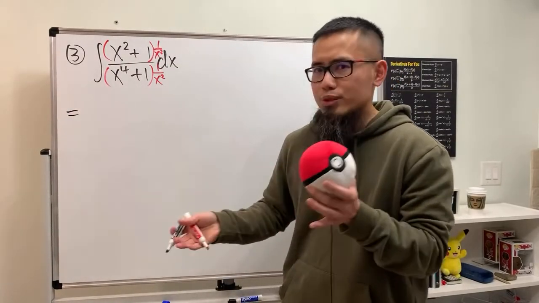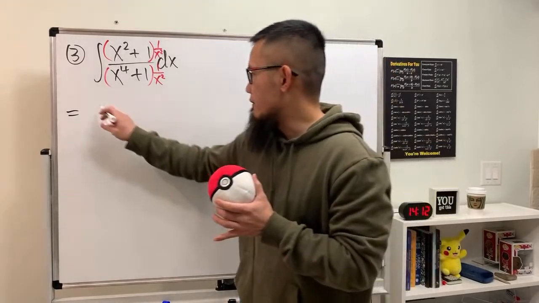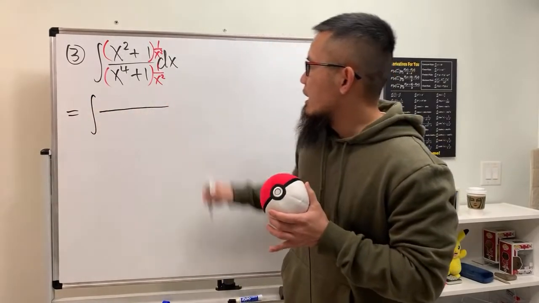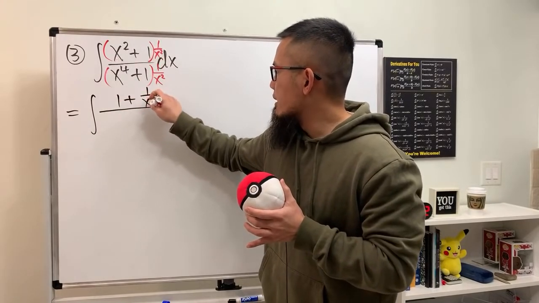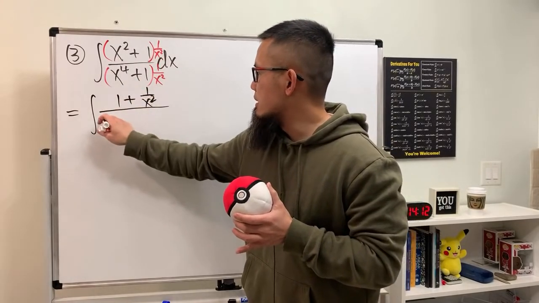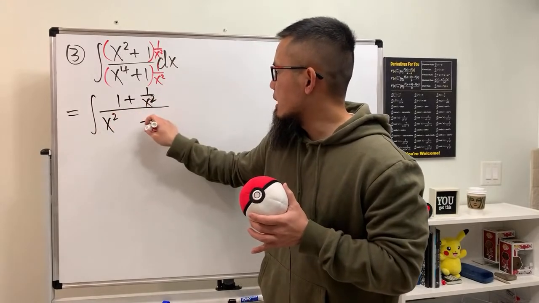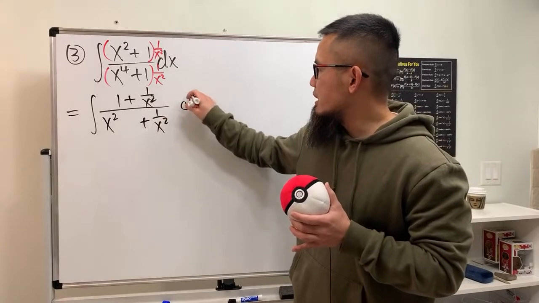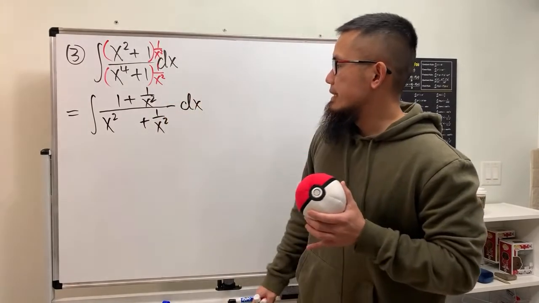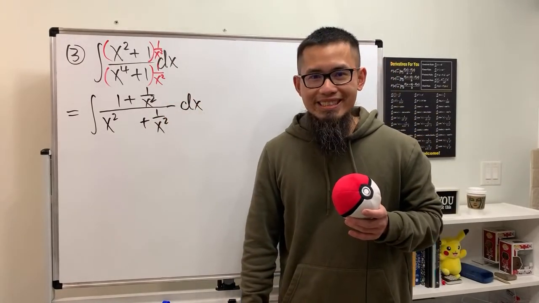You also have to do some completing the square in the following way. Let me show you. Here, this right here is just 1, and then we have 1 over x squared, and then of course this times this is x squared, and this times this is plus 1 over x squared. That's pretty nice. Then, what do we do next?